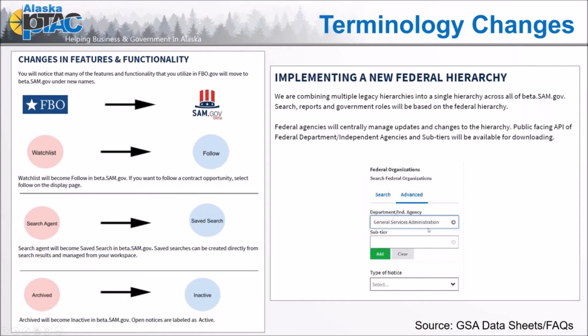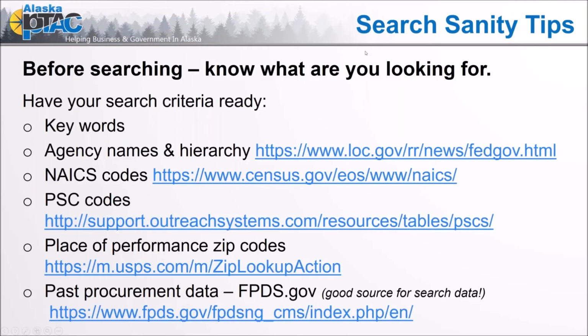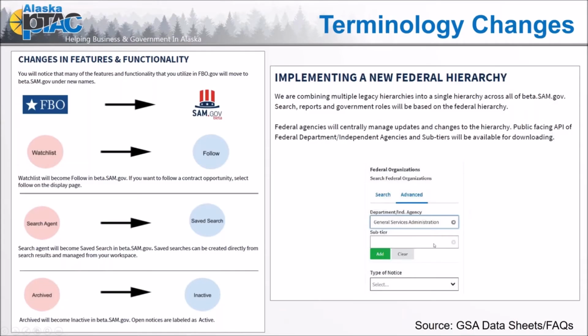Why I want to bring it up is they used full words when talking about the department and the agency, but when you get into the sub-tier, they start abbreviating. So a little bit of fun, maybe we can be more consistent in their naming, but I did want to let you know that that is there. It'll make more sense when we start getting into our search features.